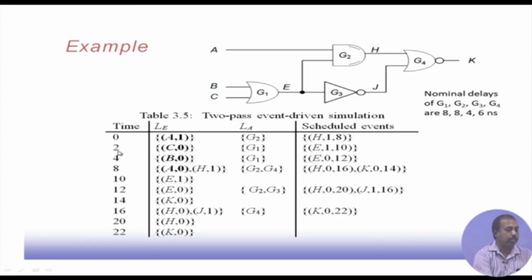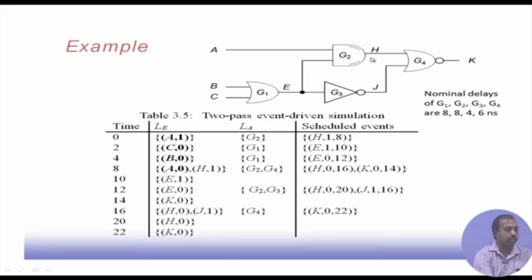Similarly, at time 2 C becomes 0. So, the activity for this is again we have to simulate G1, and B being 0 at time 4, again the activity is that G1 has to be simulated. Now, when this activity is taken up, based on this activity we find out what is the current value of line H. So, line H is 1.